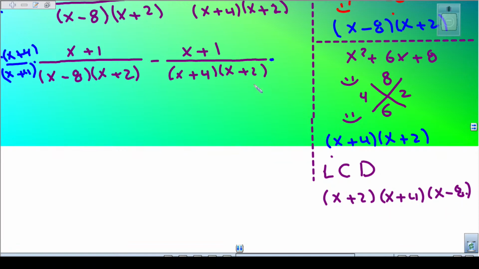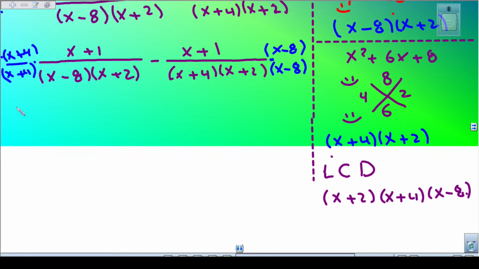What's missing on this other side of the fraction? What's missing in the denominator, if I have to end up with these three? Here we go. X minus 8. And then obviously I do this up top and bottom, numerator and denominator. X minus 8.